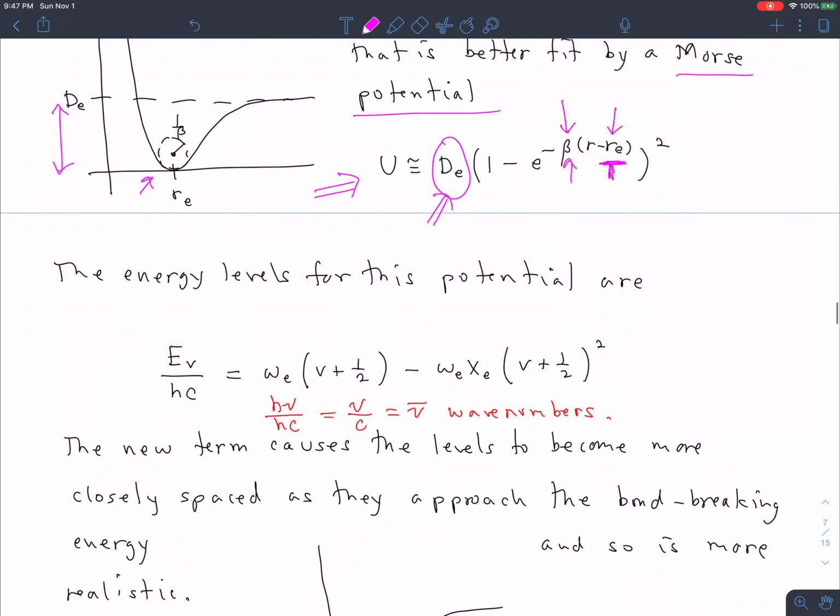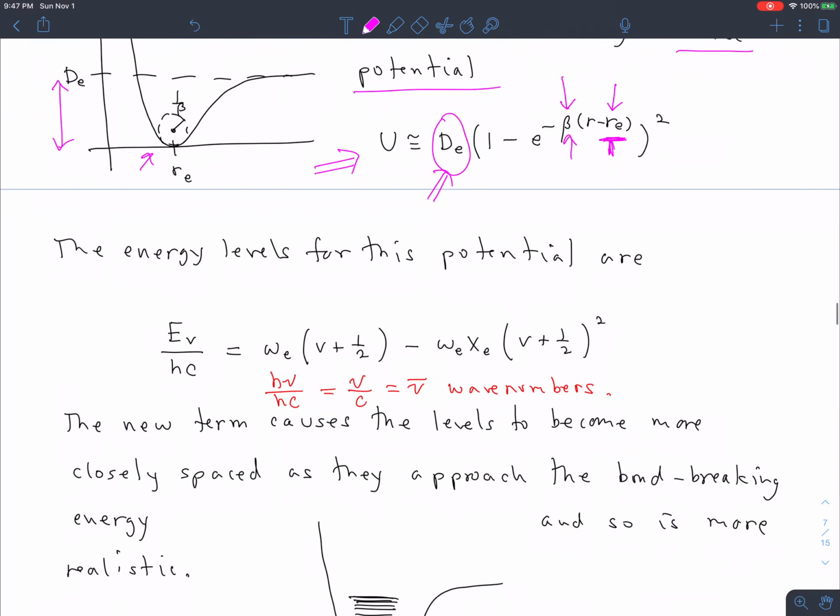All right. If you put this potential into the Hamiltonian for a quantum mechanical model, so basically a vibrational Hamiltonian for our I2 molecule, and you solve it, the energy eigenvalues you get out are given by this.